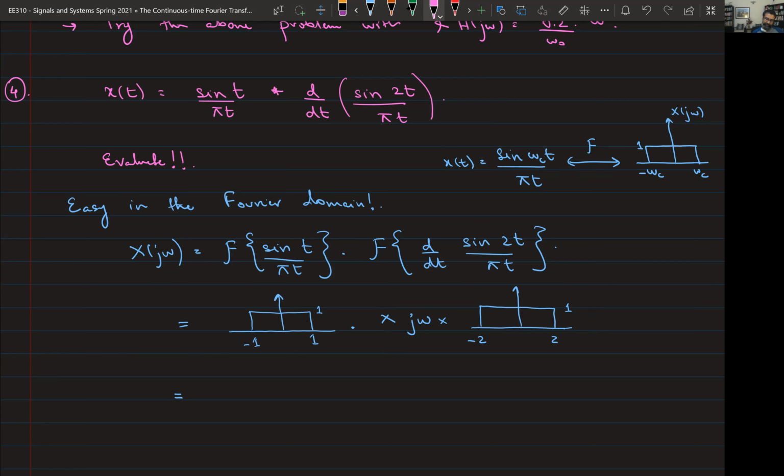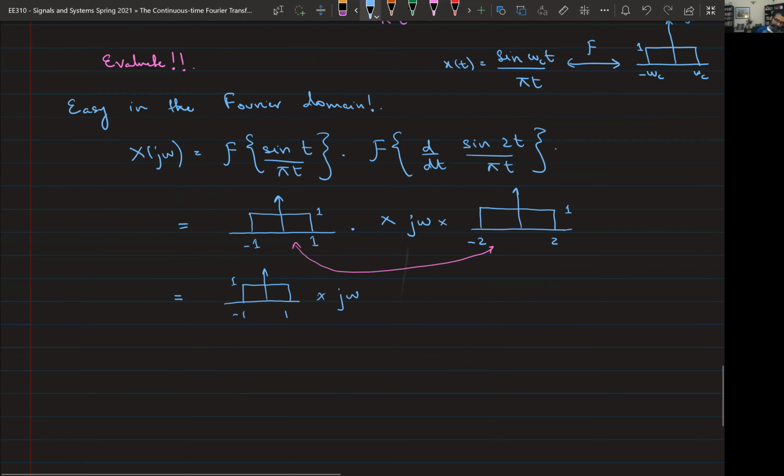Right, so I'll do this by multiplying these two together first. Okay, let's forget the j omega for now. If I multiply these two together, what I get is this thing from minus 1 to plus 1 multiplied by j omega, right? And the height is 1.